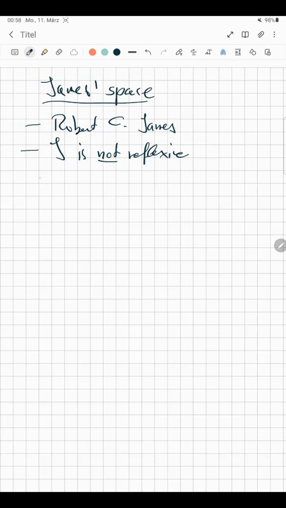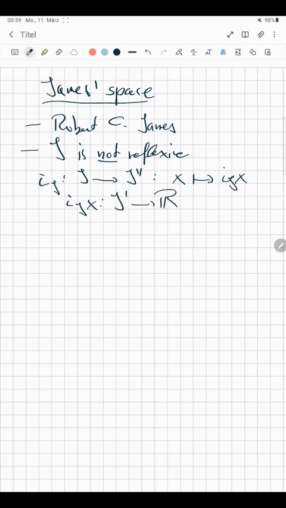I mean, that just means that the canonical embedding from J to its double dual space J'' , which maps any element x to a functional i_J(x), which then in turn maps any functional to its corresponding value at that point x, is not surjective.